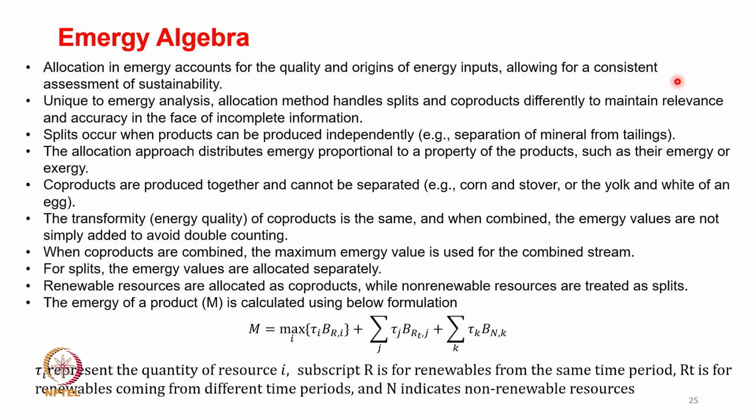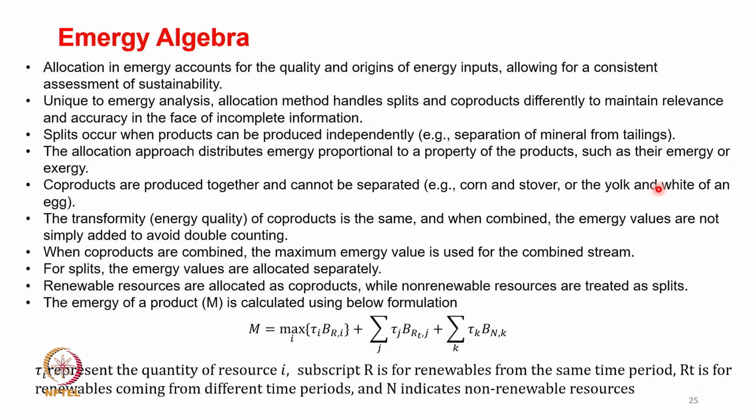So allocation in emergy accounts for the quality and origin of energy input, allowing a consistent assessment of sustainability. Unique to emergy analysis, allocation methods handle splits and co-products differently to maintain relevance and accuracy in the face of incomplete information. Splits occur when the products can be produced independently. The allocation approach distributes the emergy potential according to a property of the product, such as their energy or exergy.